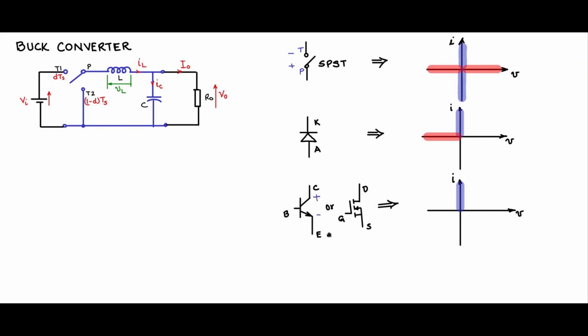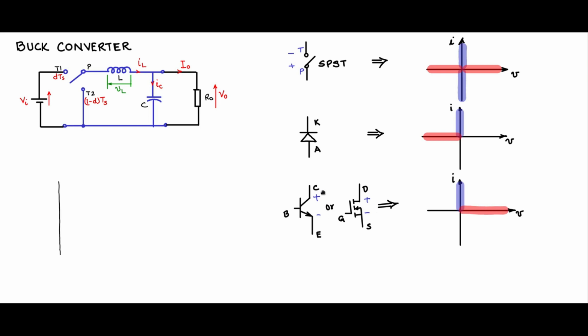Likewise, for the voltage, can a positive collector to emitter voltage be supported by the BJT during the off condition, or a positive drain to source voltage be supported by the MOSFET during the off condition? Yes, it can do that. Therefore, all these are potential operating points.